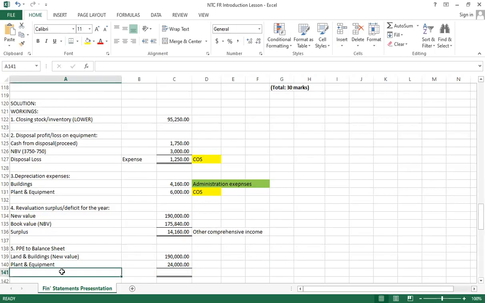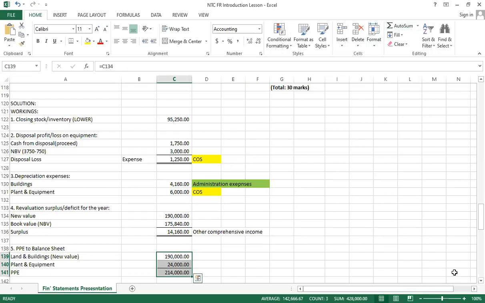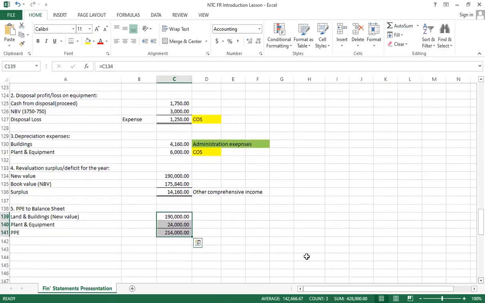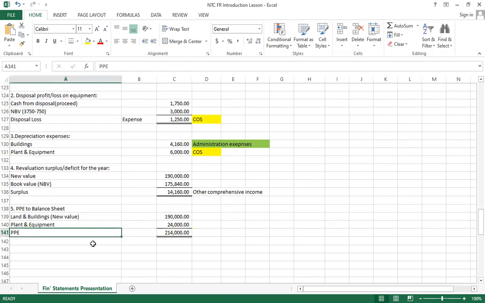And with that, we can then combine them and look for the total PPE that now goes to the balance sheet, and that is 214. So for the balance sheet, I will say that PPE is 214. Working number 6.